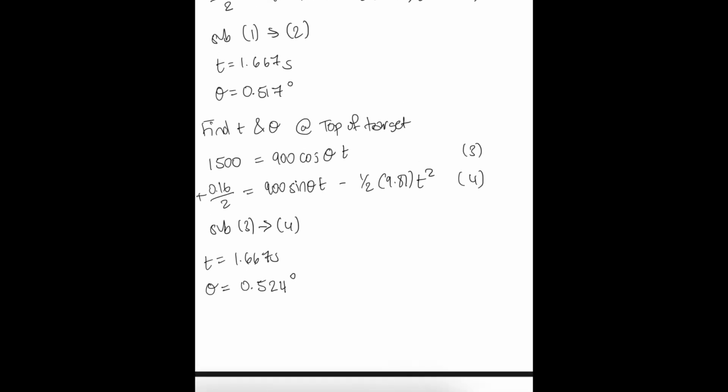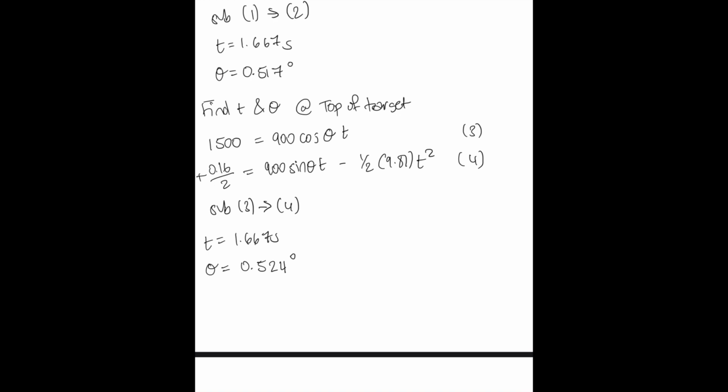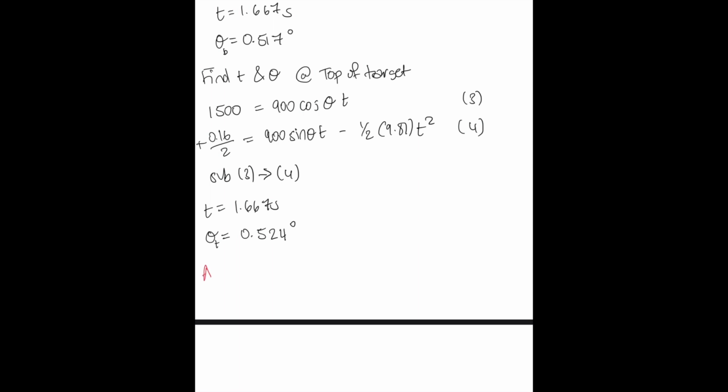Now that we found our two thetas at the top and at the bottom, our range is going to be 0.517 degrees and 0.524 degrees.